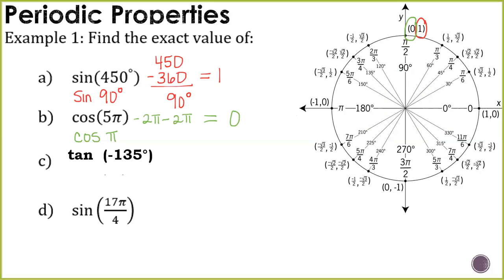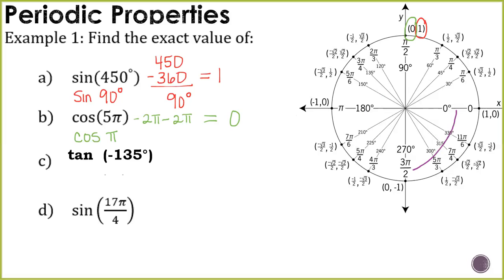So negative, we are rotating clockwise. So I'm rotating 135 degrees. And if you rotate 135 degrees going clockwise, where would we land on the unit circle? So 135 degrees rotated clockwise would mean I would go this way.